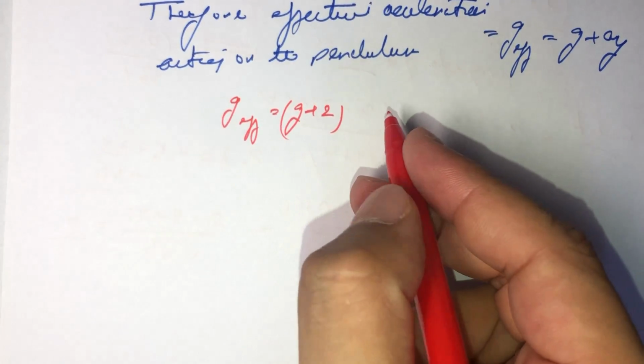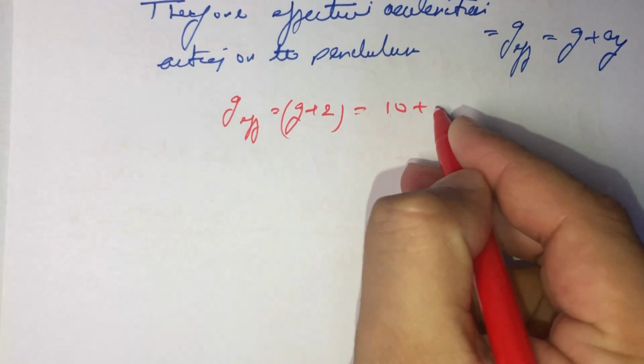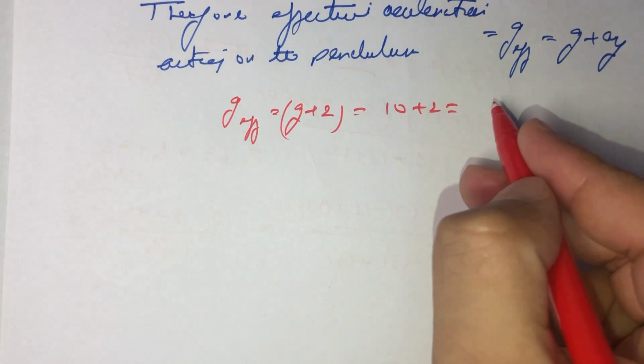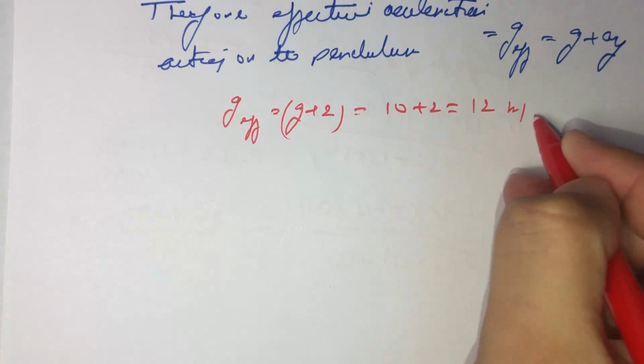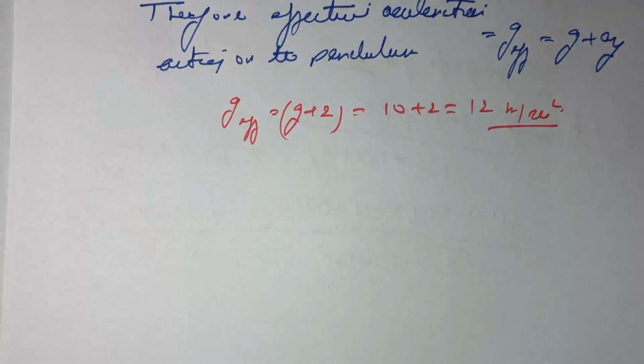And g is supposed to be taken as 10, so this will be 10 plus 2, equal to 12 meter per second square.